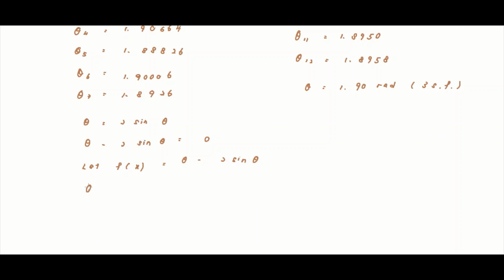So since theta is 1.90, so the interval that we might need to check will be 1.895 up to 1.905. All right, so let's do the substitution.